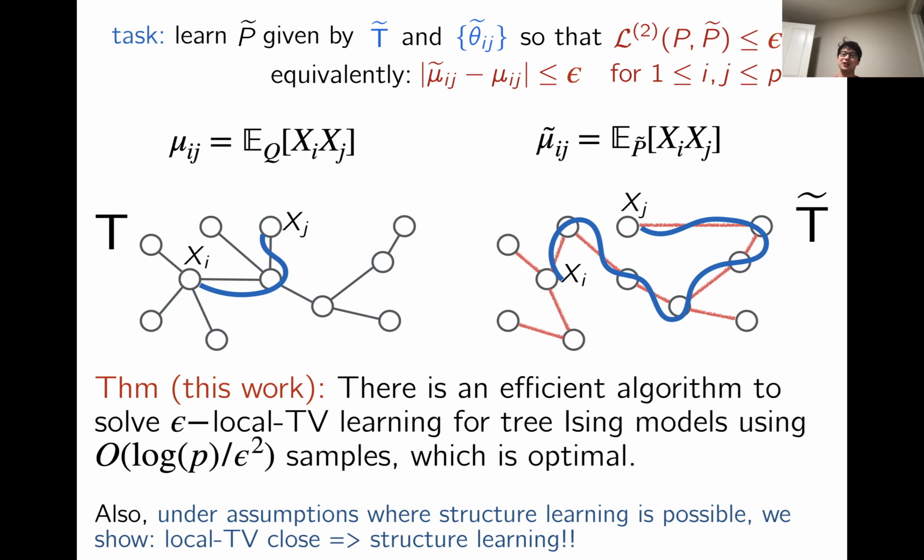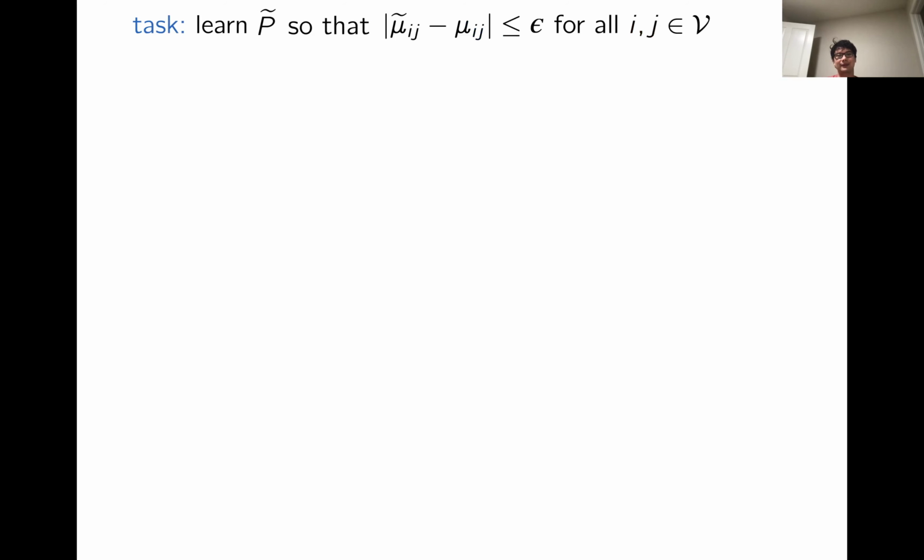So if it's actually possible to recover the correct tree, then this algorithm automatically recovers the correct tree. On the other hand, this objective makes sense even if there's a couple of edges which you can't exactly figure out which ones they are. Okay? Okay, so how do we do this?